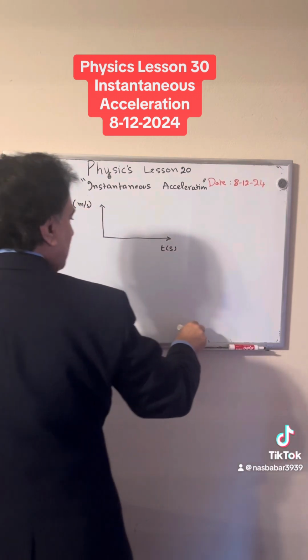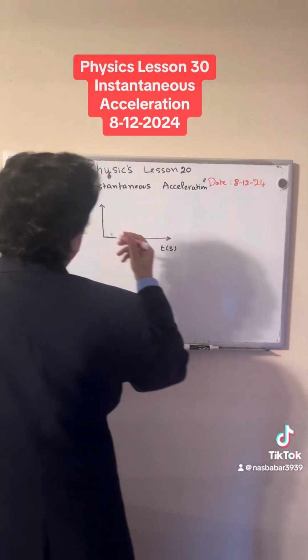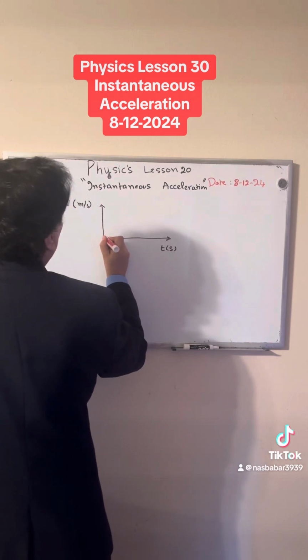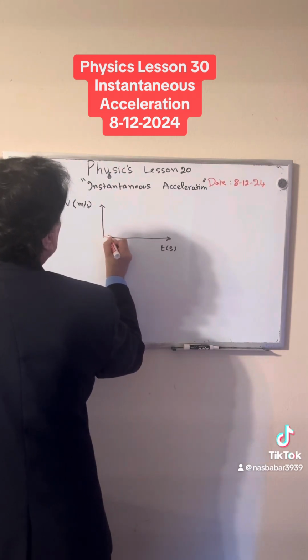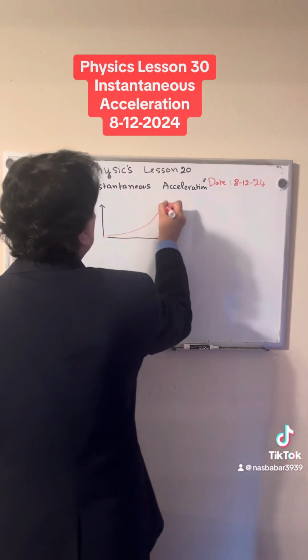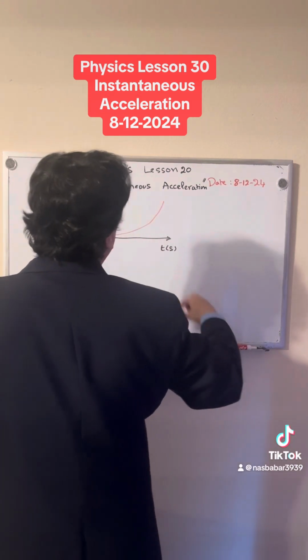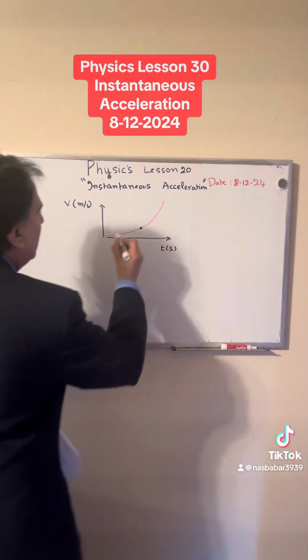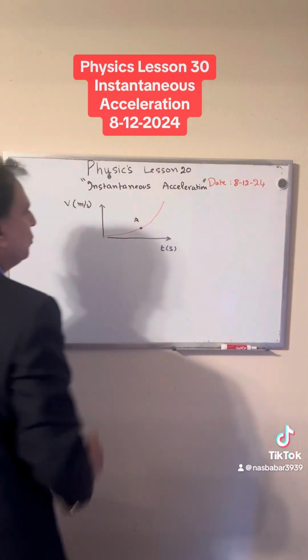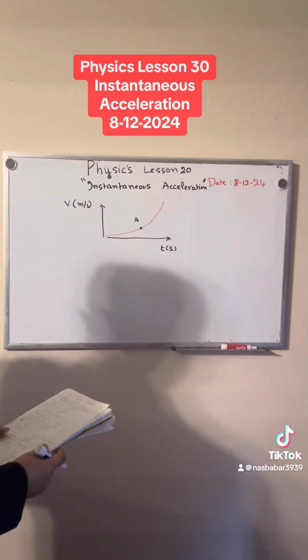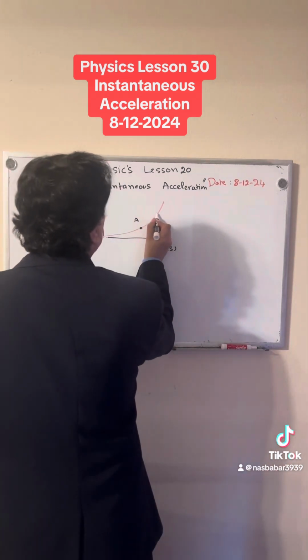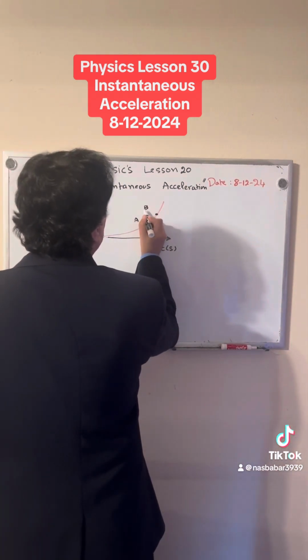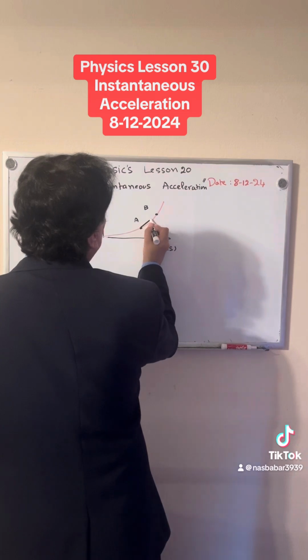I'm going to essentially draw the same graph which I had before, kind of like a parabola shape. Now I want you to find instantaneous acceleration, not velocity, at this point A. How would you do that? Same concept. You pick another point right here, let's say point B. You join these points.